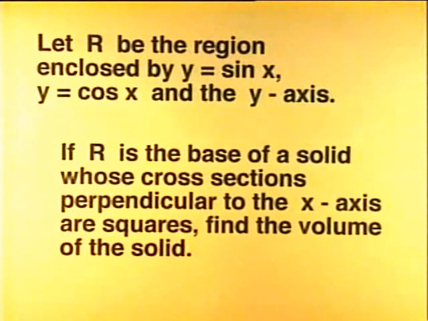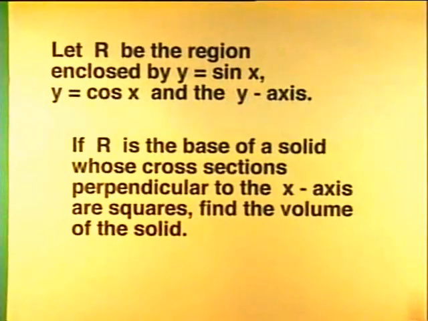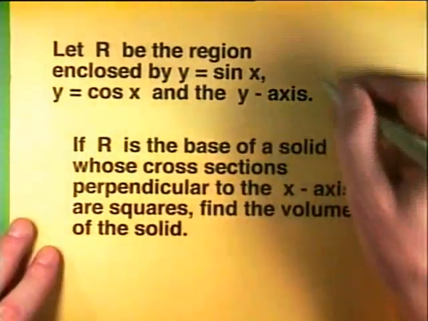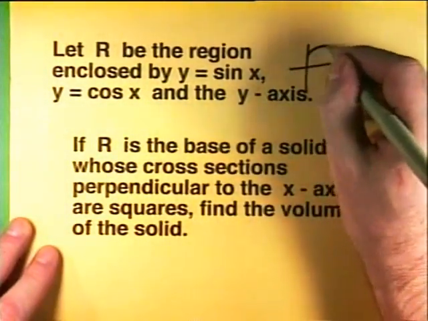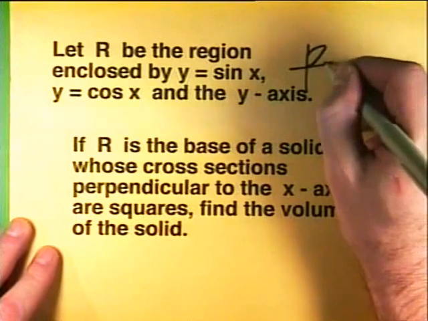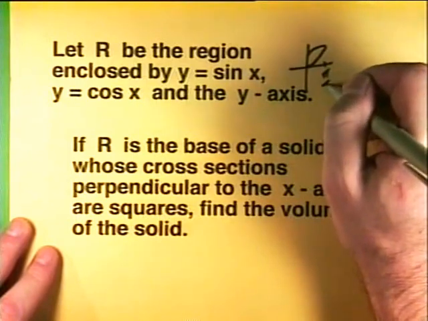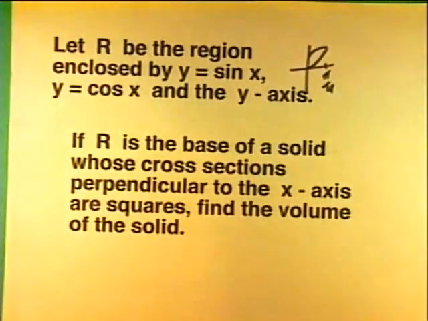Hey, have you done volumes yet? Yeah. Okay, here you go. Let's try this. Same thing, sine of x and cosine x. We've seen this before, and this is pi over 4. We want this region, actually no rotation. We want this to be the base of a solid whose cross-sections perpendicular to the x-axis are squares.